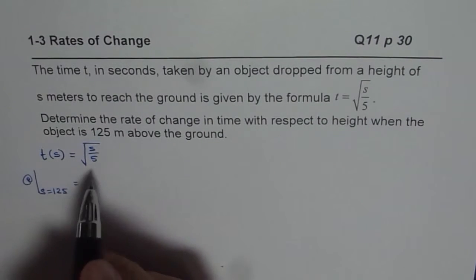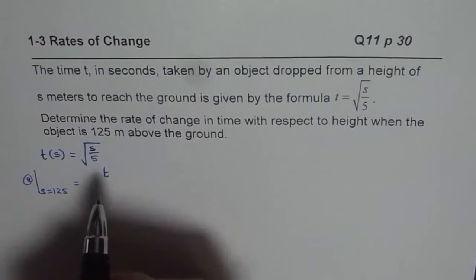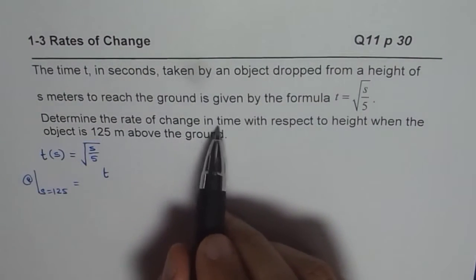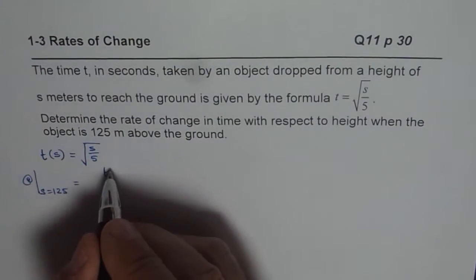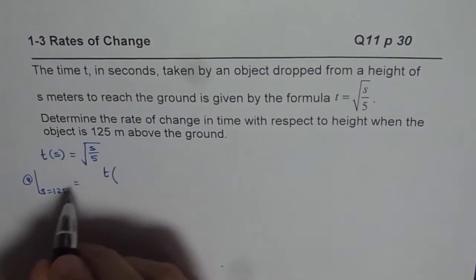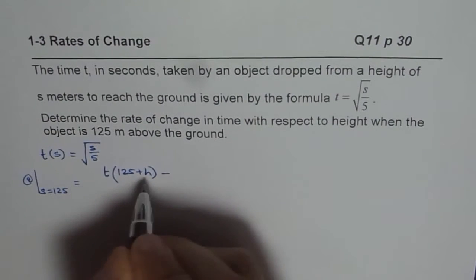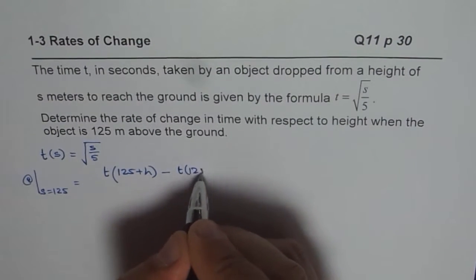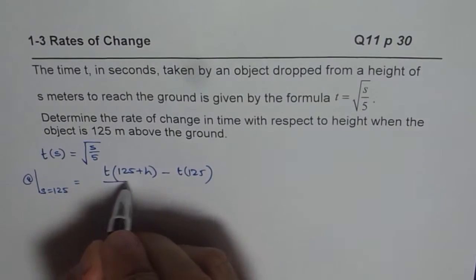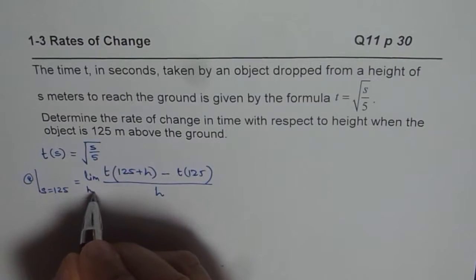So we'll use our formula, which is the rate of change in time, so the time value when height is 125. On the top comes the time part, t of 125 plus h minus t of 125, divided by h, where the limit h approaches 0.